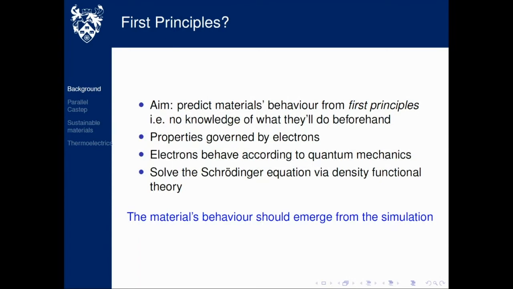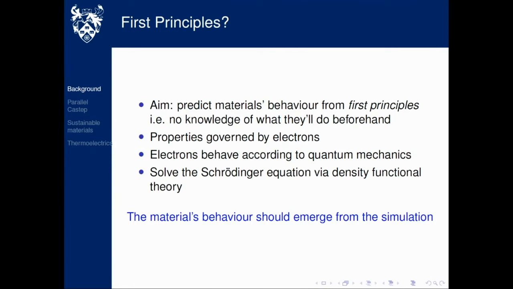Now, I said it was first principles. What on earth does that mean? The idea of first principles modeling is to be able to predict the properties of a material beforehand. And when I say beforehand, I mean without knowing what the material is even. So without knowing whether it's a metal or an insulator, possibly without even knowing its structure, although that's a bit more challenging, to be able to model it, predict all of those behaviors.